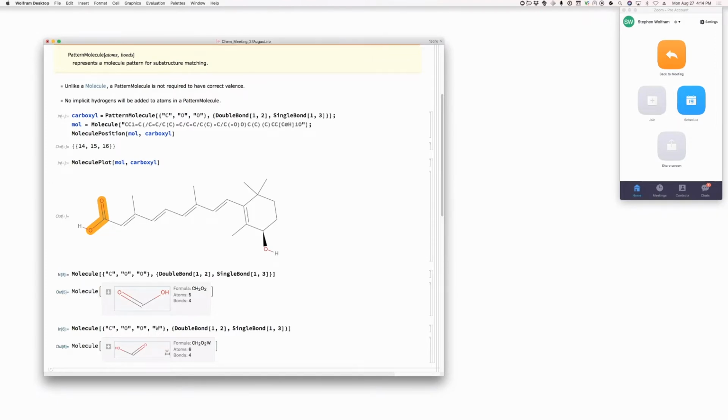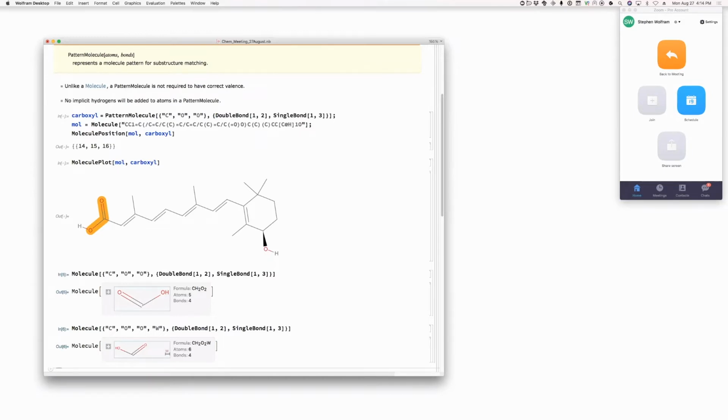Okay, so why is pattern molecule not just molecule? So one thing that you can do in a pattern molecule that you can't do in a regular molecule, you could mark an atom as being aromatic. You could mark an atom as having a calculated partial charge within a particular range. I don't understand.